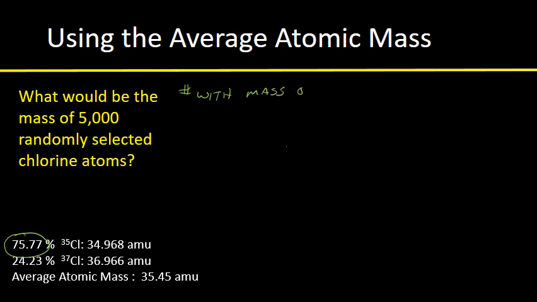The number with a mass of 34.968 AMU is 75.77% of our total, so 5,000 atoms times the percent, converted to a decimal.